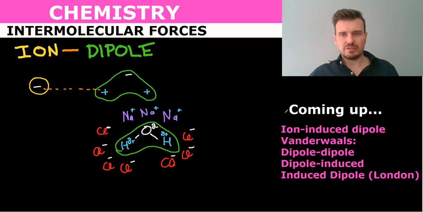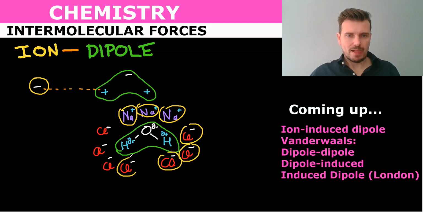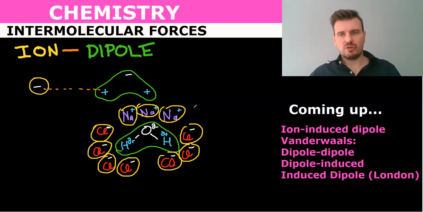And so we have these ions, and we can now put the ions in yellow so that we can see that those are the ions. And the water molecule, which has the dipole, is there in green. And so these then form an ion dipole force between them.